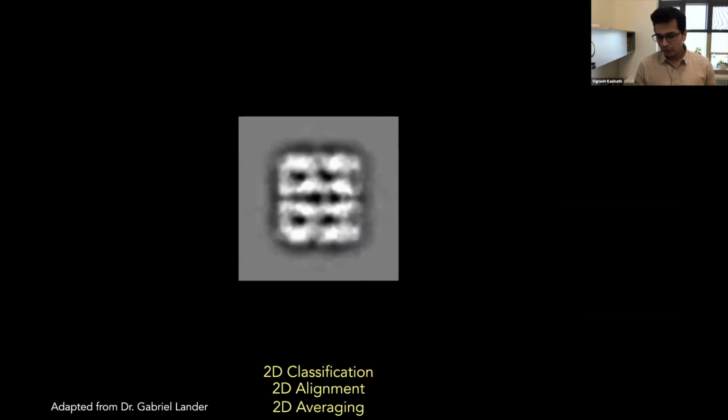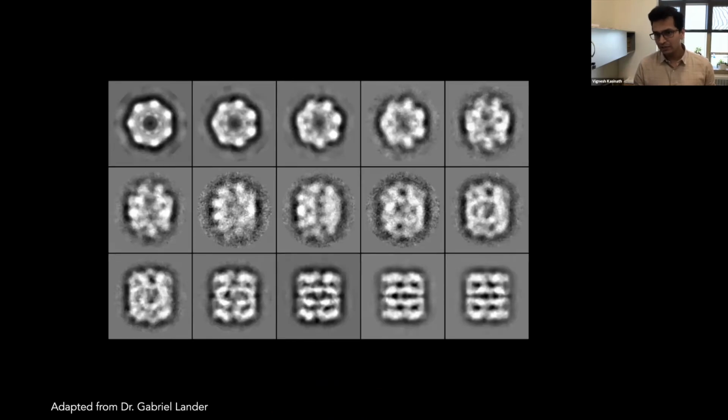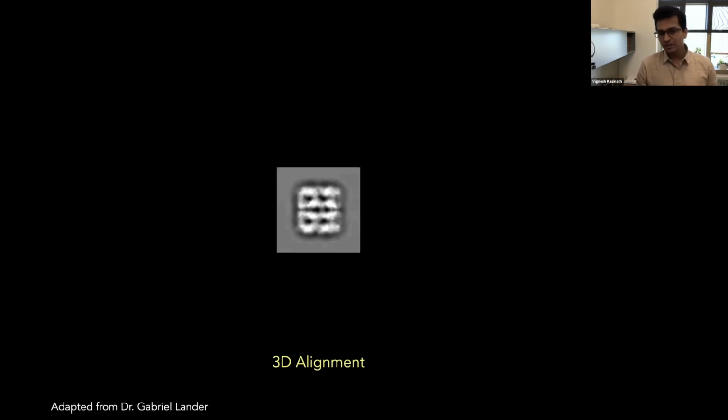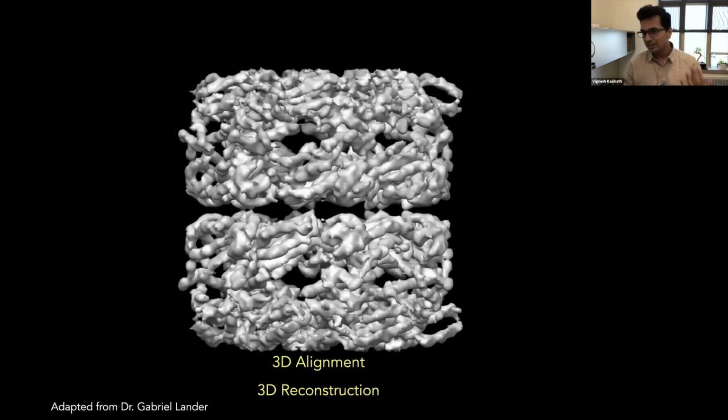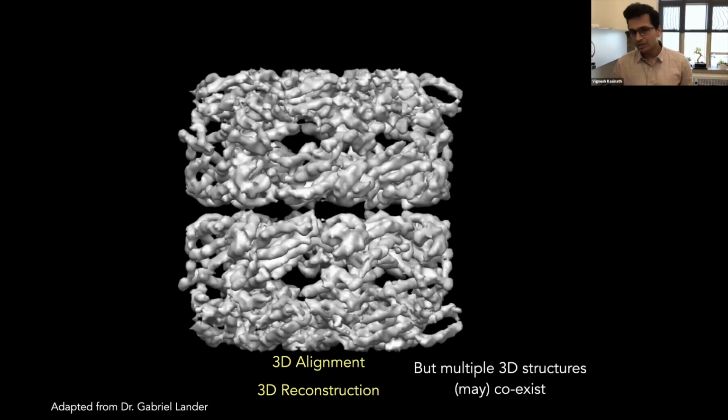Typically, in a sample, we can generate several such 2D class averages corresponding to different views, which we can then put together to generate a 3-dimensional reconstruction, or 3D structure, which we can model into. But the real power of cryo-EM is that we can generate multiple different conformational states in our sample. If your complex has an ensemble of structural states, cryo-EM should be able to discern each of those states. This has been applied to a lot of different systems over the years.